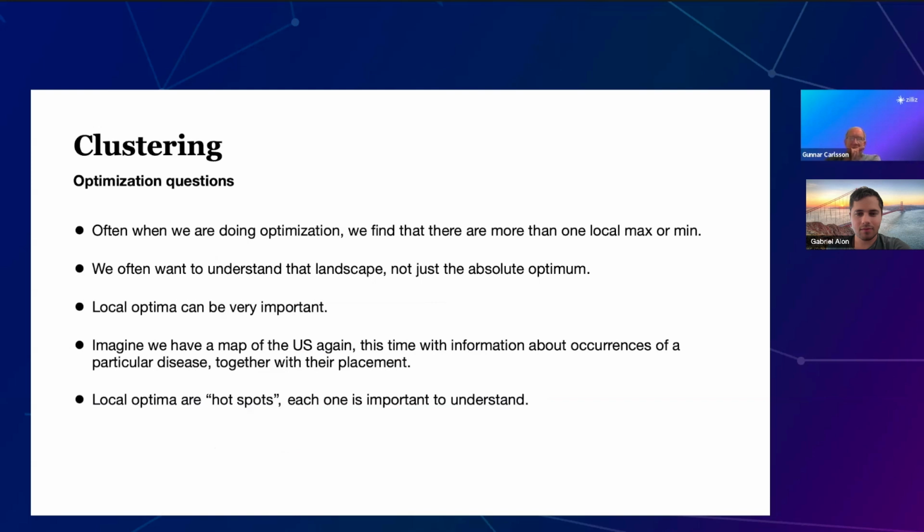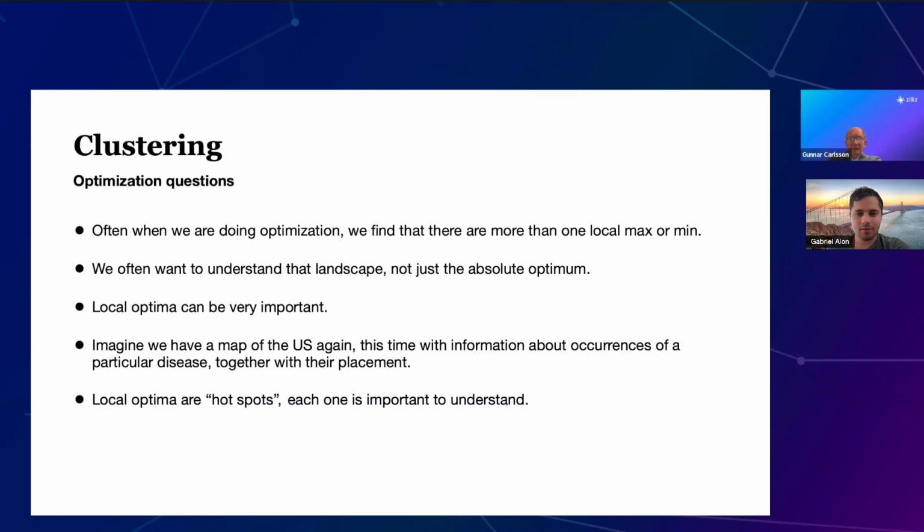Now I want to talk about what's really relevant to the case study that we're going to show you in a minute. Oftentimes we're interested in optimization, or in finding places where certain quantities are maximized or optimized. If you think from the math side, often when you're doing optimization, you find that there's more than one local max or min.